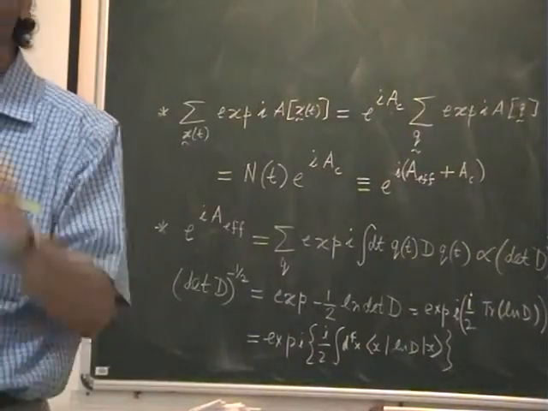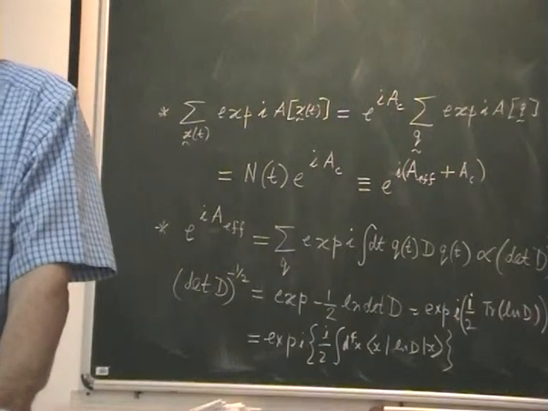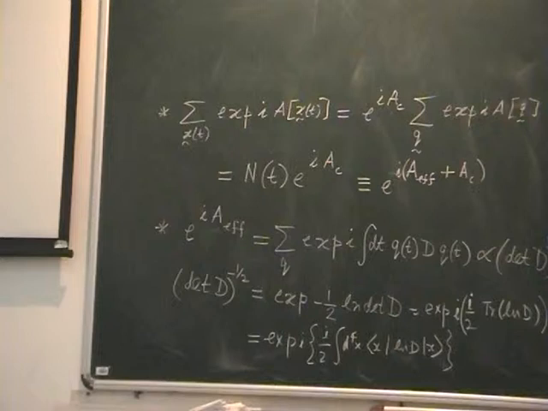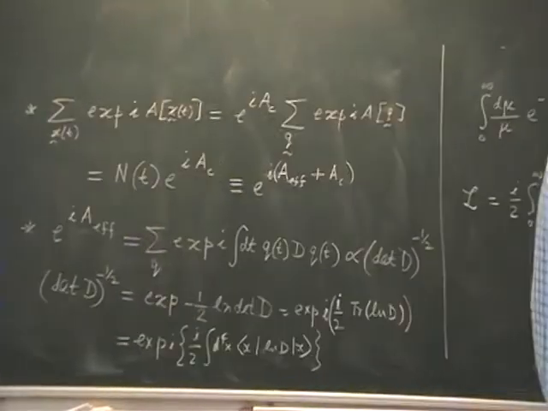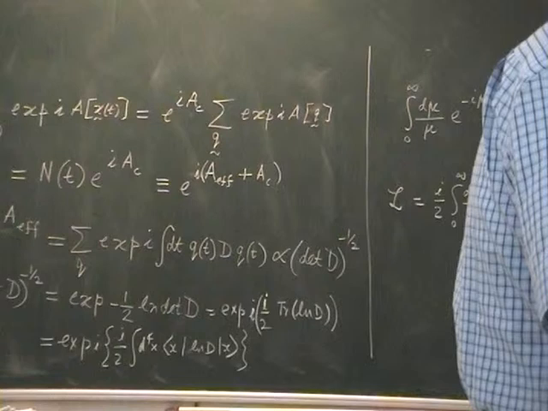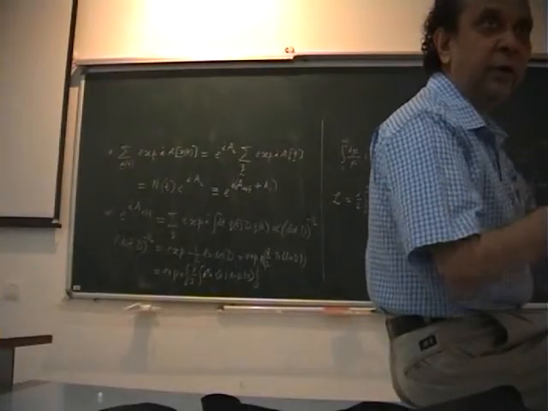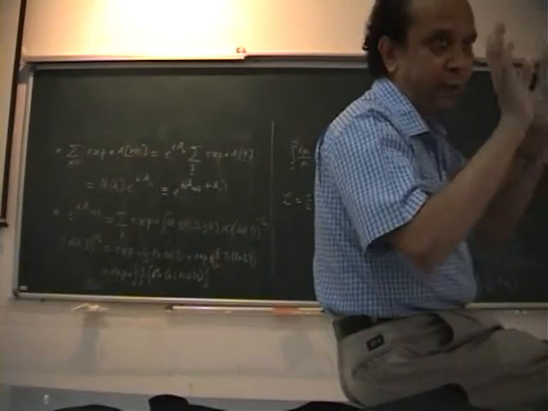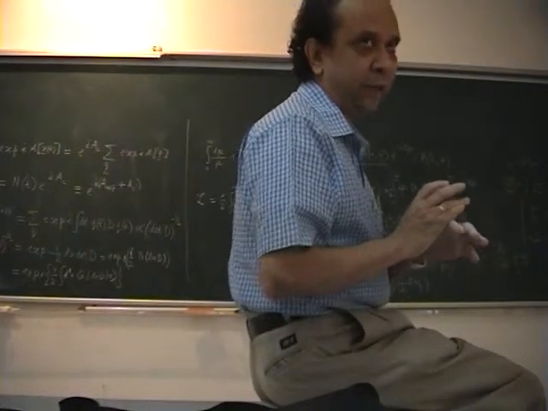Questions? Yeah. This is concerning when you were calculating the propagator. Depending upon what boundary conditions you have, it will come out to be retarded or advanced. That's correct. So in case of the Feynman propagator, what are the boundary conditions? Okay, there are two ways of talking about boundary condition.